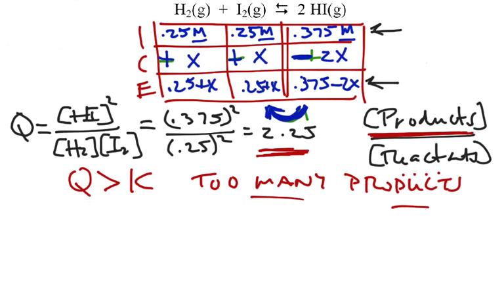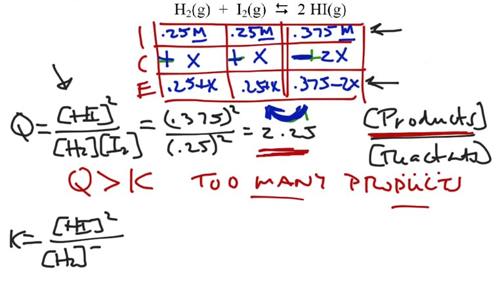Okay, not too troublesome. Now, we're going to go back and use our K value. So I'm going to say I know that K equals, the same thing I have for my Q, so concentration of HI squared over my concentration of H2 times concentration of I2, and I'm going to substitute in my expressions.